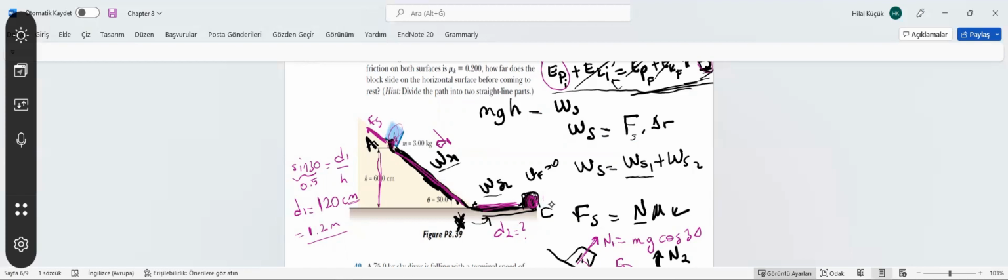So your all potential energy convert to friction work. Work is done by friction. You lose all energy because of friction.